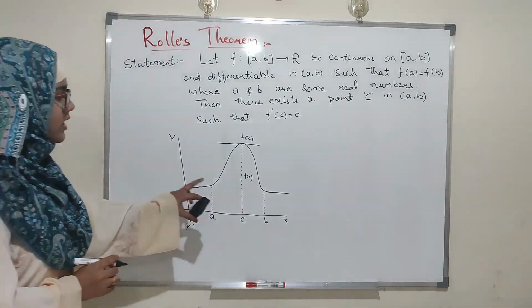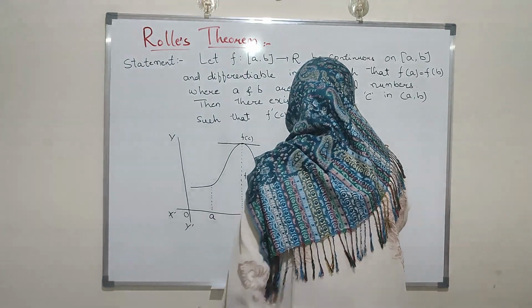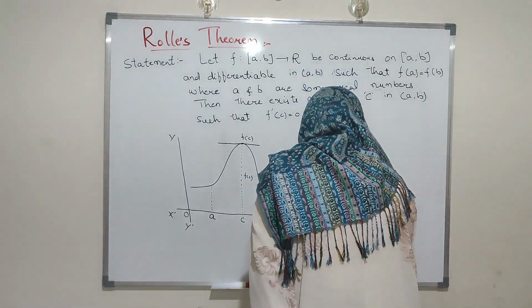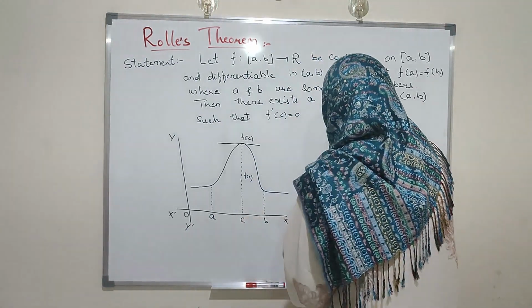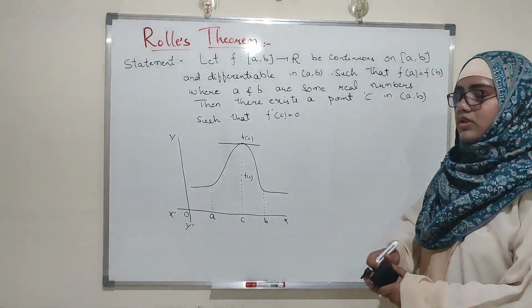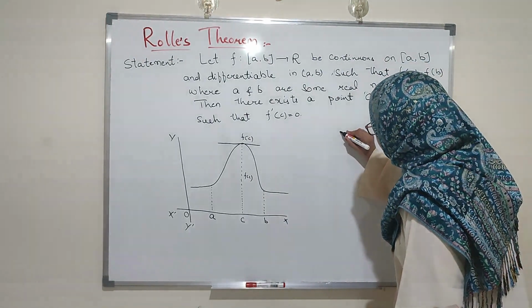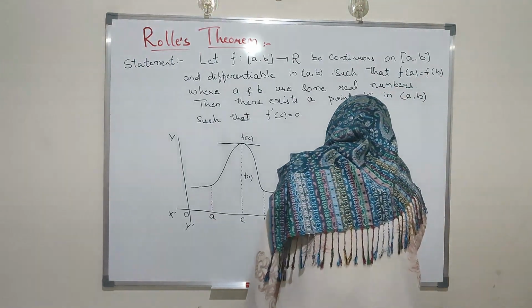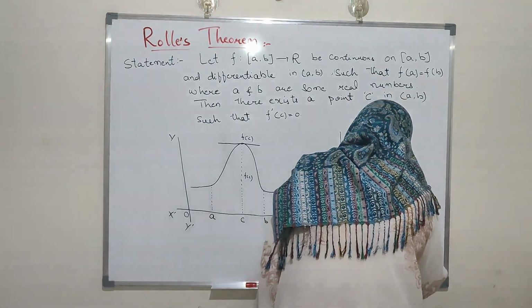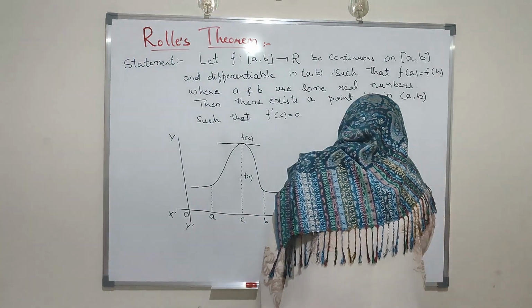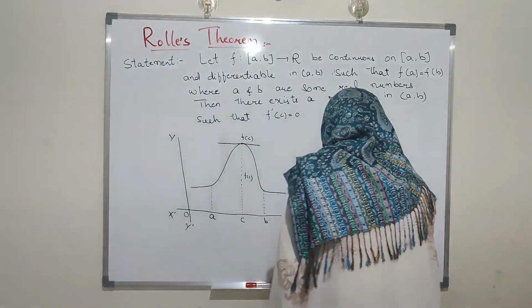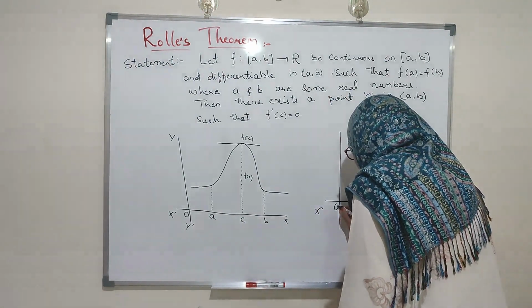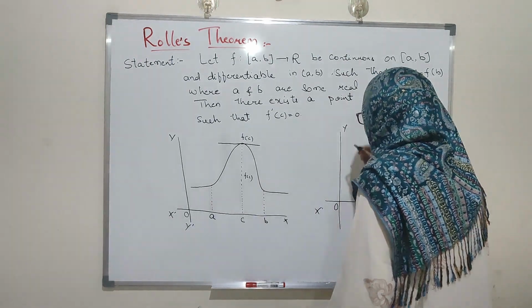We have one figure. Draw another figure. I will explain the graph of this. By using the graph, we can write this theorem. Okay, X, X dash, point O is the origin here, Y, Y dash.